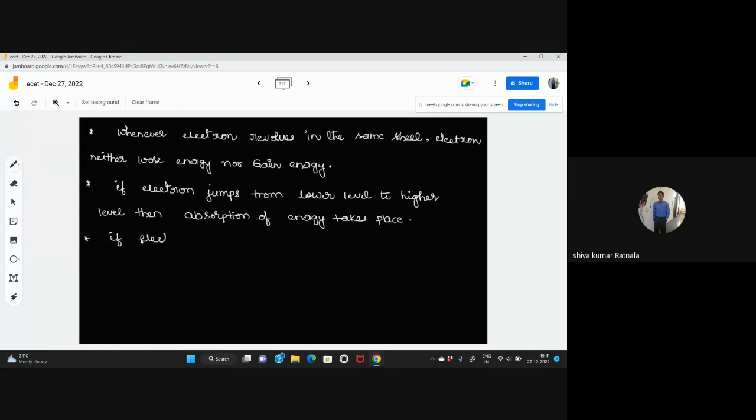If an electron jumps from a higher level to a lower level, then emission of energy takes place.